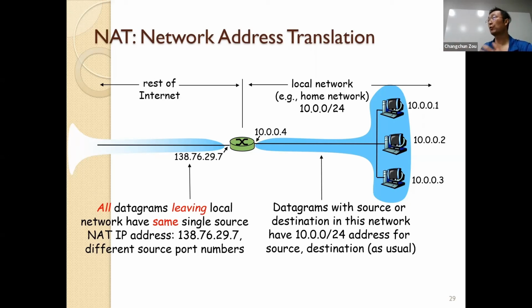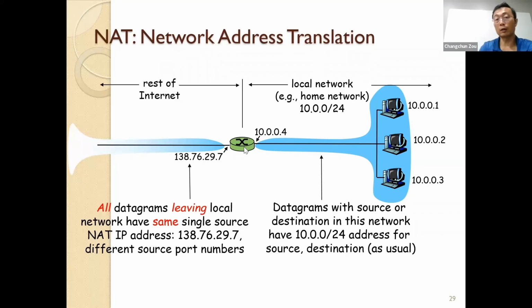But in your home, you could have 5 or 10 or even more computing devices, like a laptop, desktop, iPad, smartphone. So how can you all go to the internet at the same time? All the home devices are assigned private IP addresses, and the Wi-Fi router has one single global IP address.